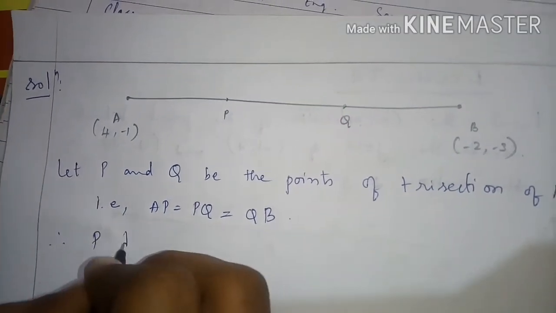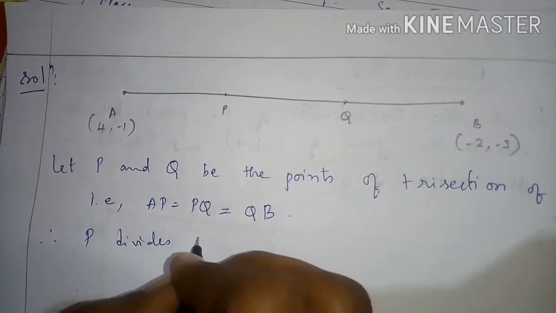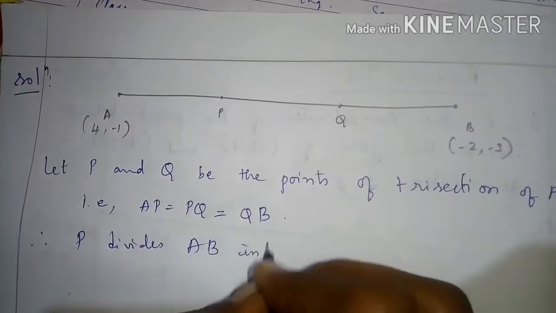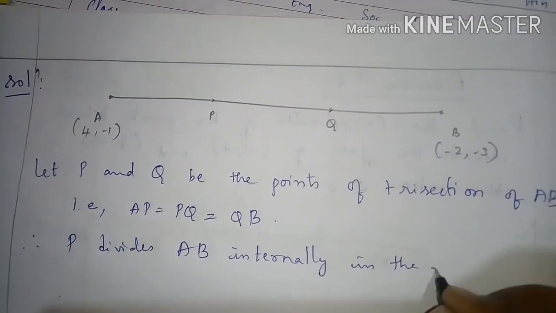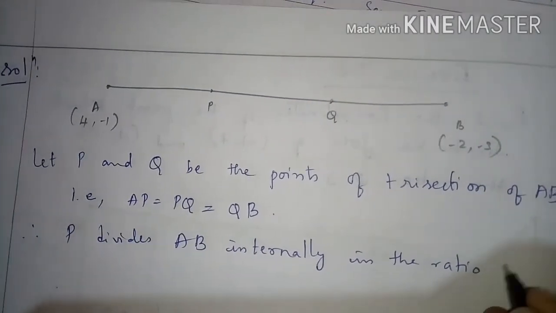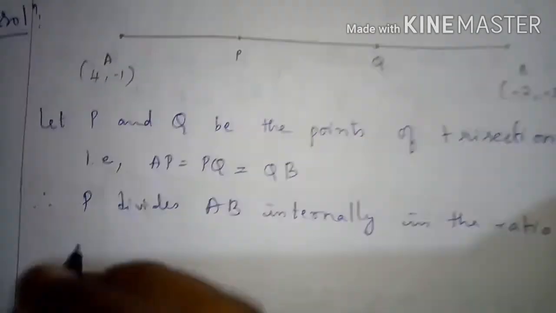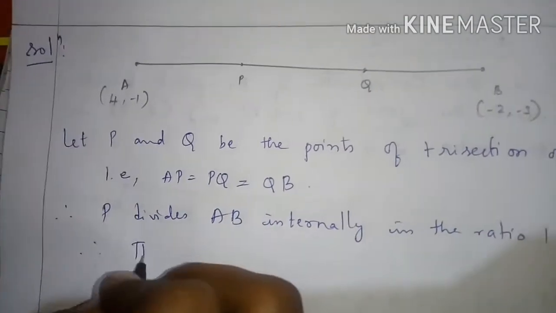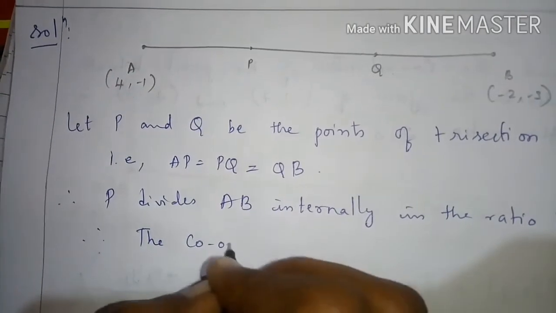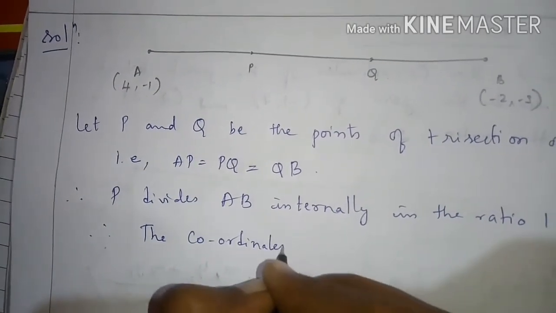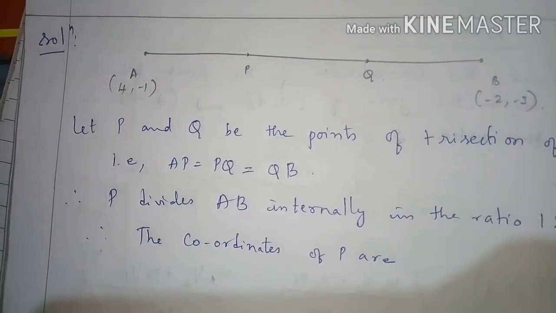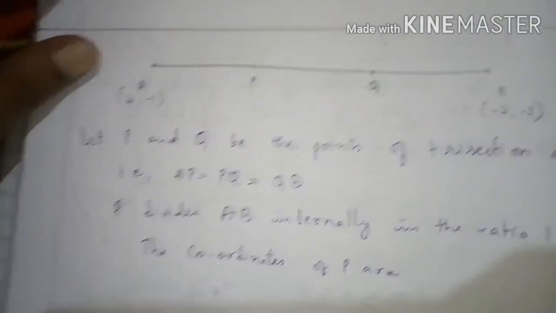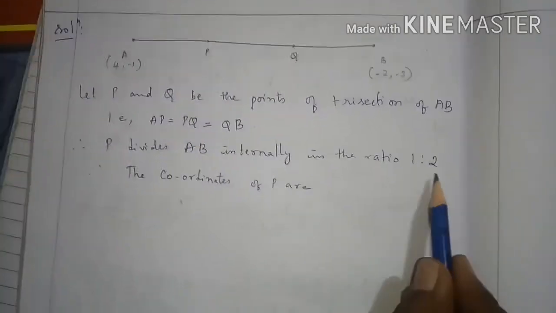Therefore, P divides AB internally in the ratio 1:2. This I will explain. The coordinates of P are, here I have taken 1:2.